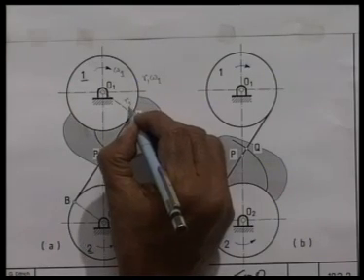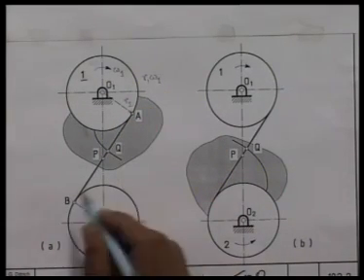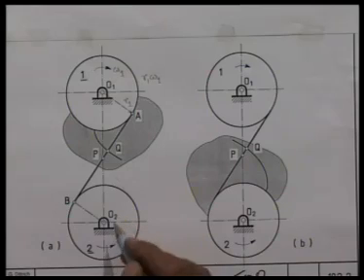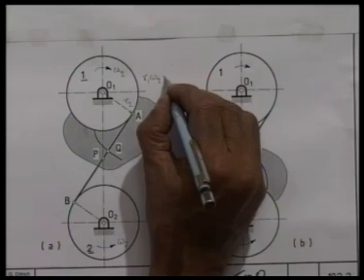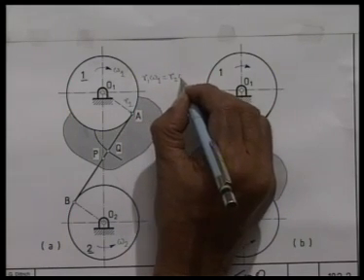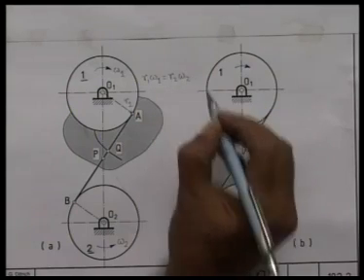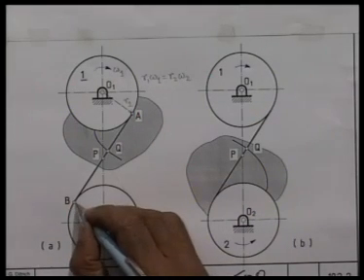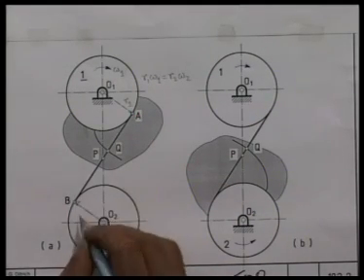Because there is no slip between the pulley and the belt, the angular velocity of this pulley, omega 2, will be such that the speed of the belt is also equal to R2 omega 2, where R2 is the radius of this pulley.